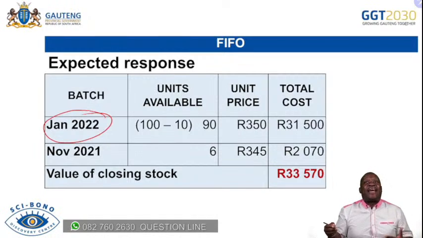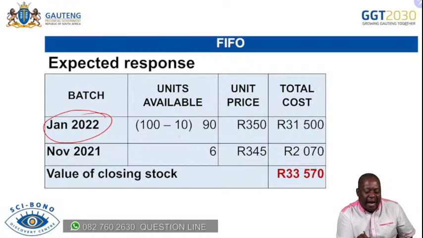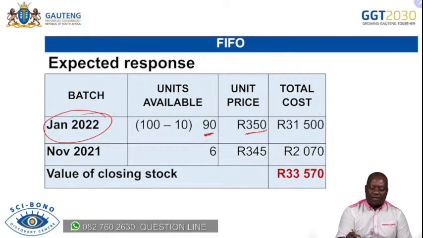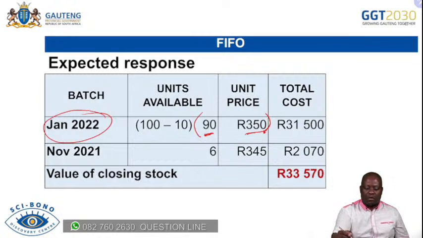How many units are in that batch? It's going to be 100 minus 10. Remember, the 10 went back, so we are only left with 90. And then 90, what is the price for one? It's 350, which means we are just going to multiply 90 times 350 to find the value, which is 31,500.